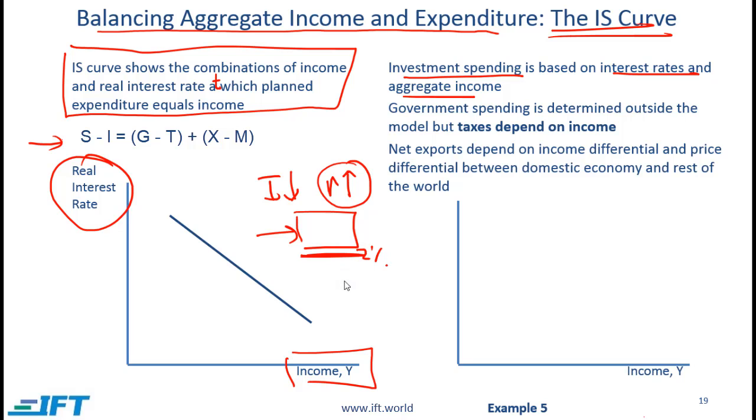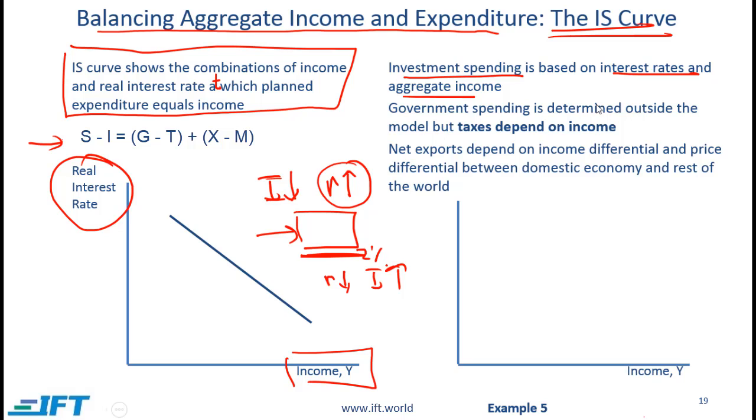So in my example here, I'm saying that low interest rates will mean that investments are high. And similarly, if we have high interest rates, which means that we have a high hurdle rate, then the investments will be lower. So bottom line here is that we have a negative relationship between investment and interest rates.